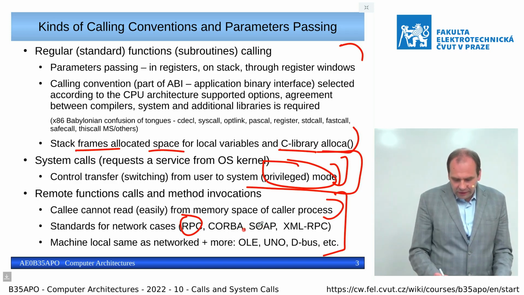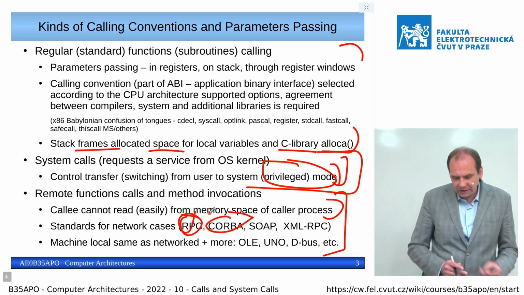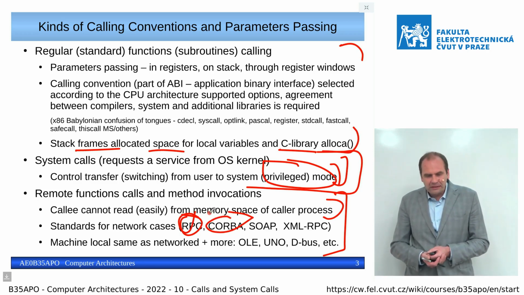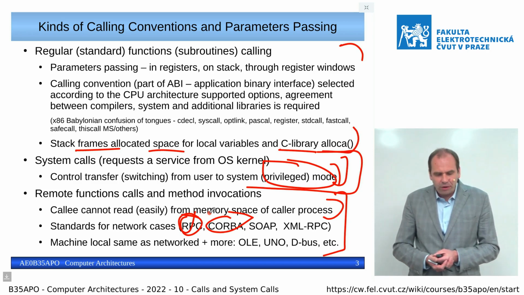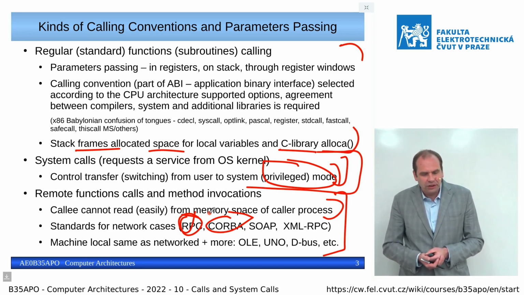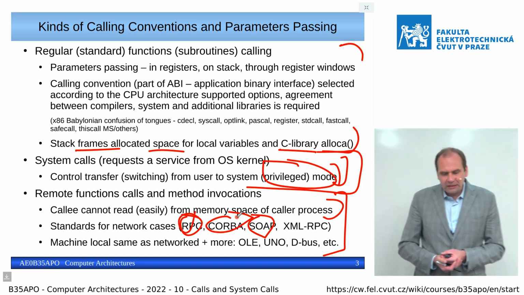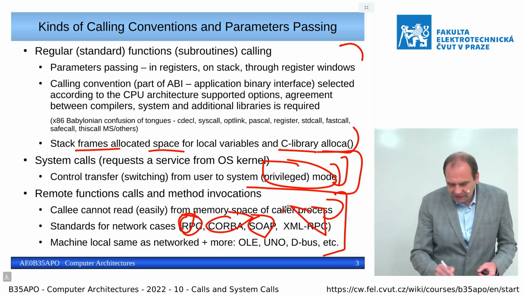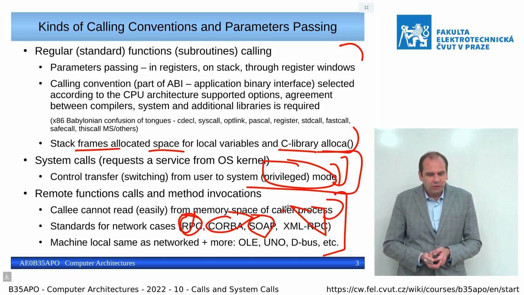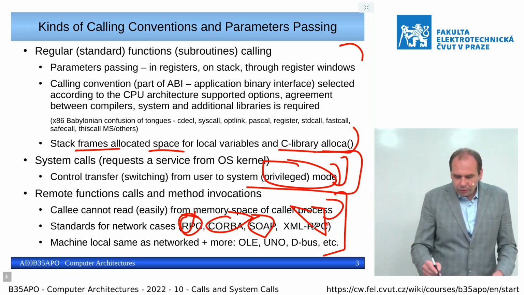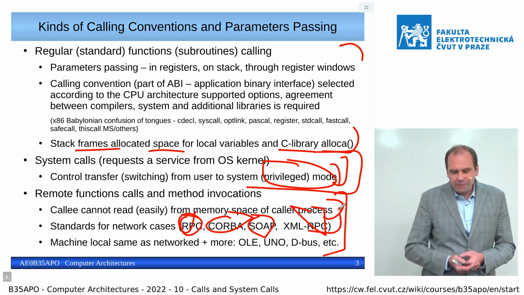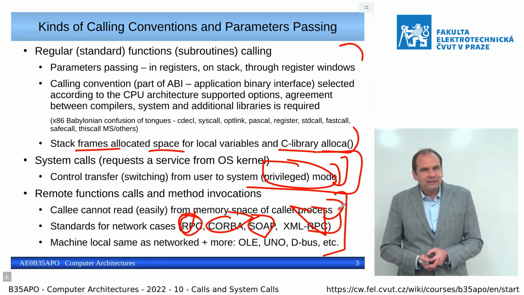And then we can have remote procedure calls for the object environment. There was defined the Common Object Request Broker Architecture, or this can be a SOAP architecture or XML-based architecture, and so on. And some of those mechanisms are based on a text format.